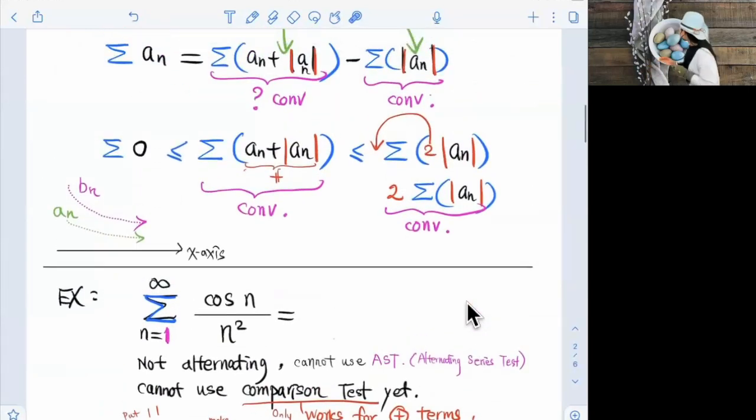Okay, look at the picture here. The comparison test only works when all the terms of the series are positive. So if the bigger positive series converges, then the smaller positive series will converge. Then if this one over here is like sometimes coming down, up, down and up, right?